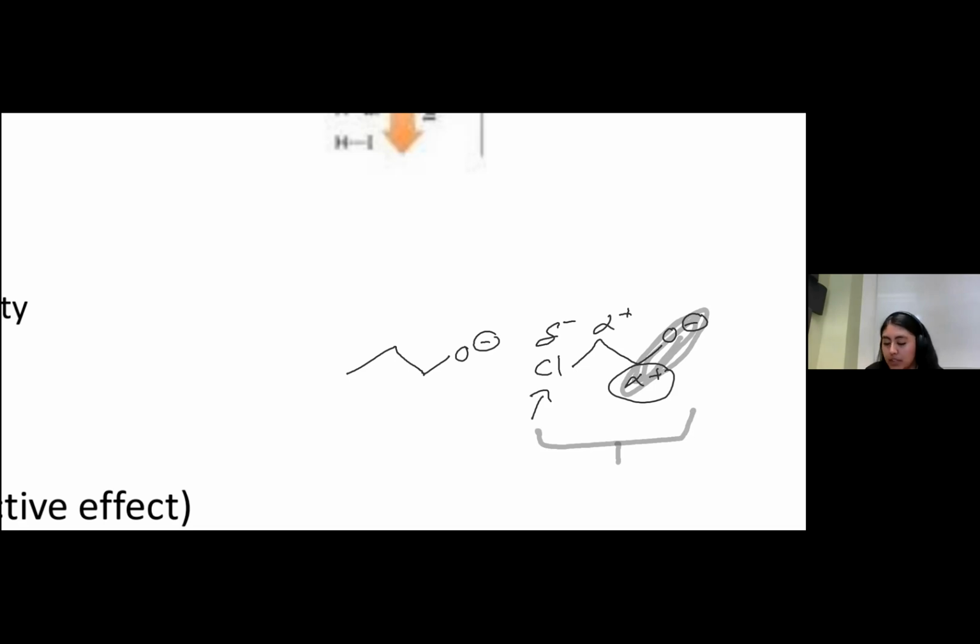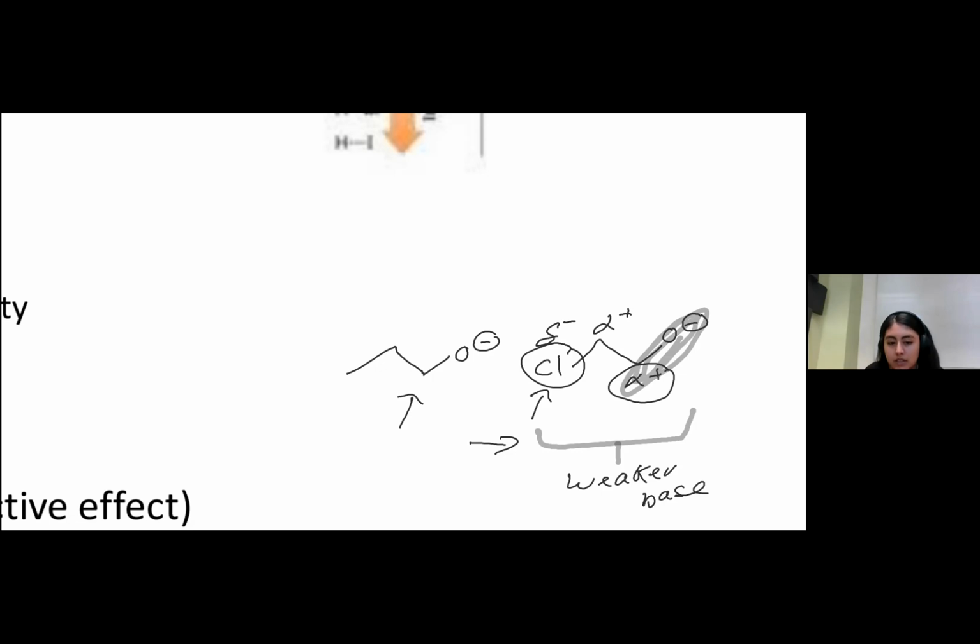So when we're looking at this directly, this is going to be a weaker base because it's more stabilized, versus this one that does not have that stabilization. So this is not going to be as weak as this one. When you add electronegative atoms such as Cl, it's going to weaken the bases. So it's the opposite of what we talked about with acids.